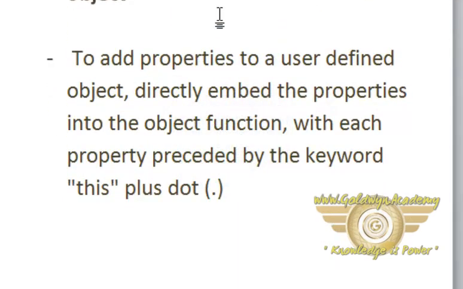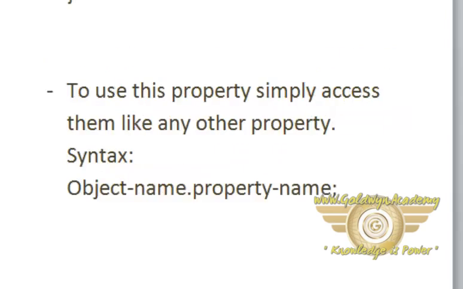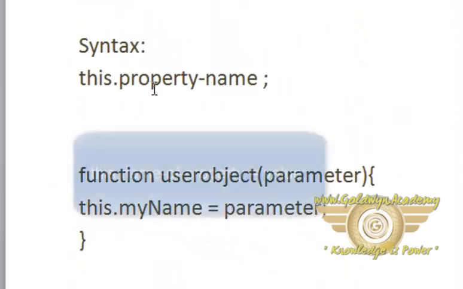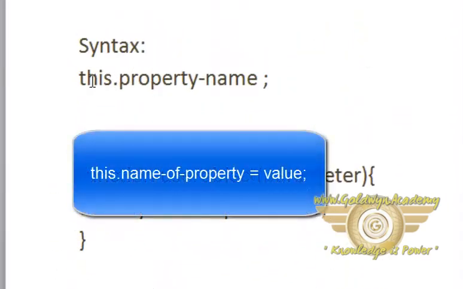To add properties to a user-defined object, directly embed the properties into the object function, with each property preceded by the keyword this plus dot. Let's take a look. Here is the syntax. Here we have used this keyword, then dot operator and property name.